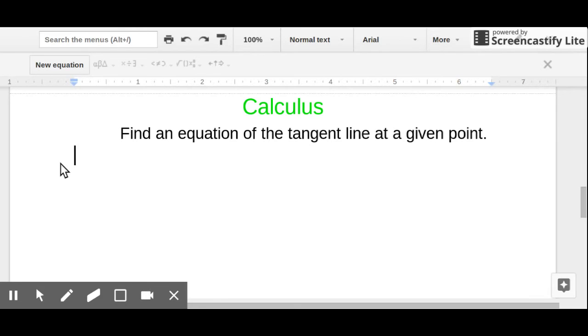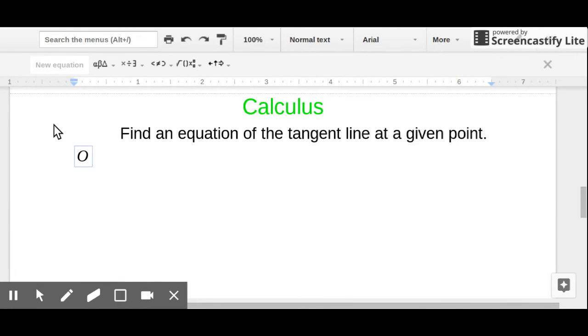We're finding the equation of the tangent line that passes through a given point on the curve. Say that line is tangent to the curve. Let's call it O again, and maybe you'll start seeing a pattern.